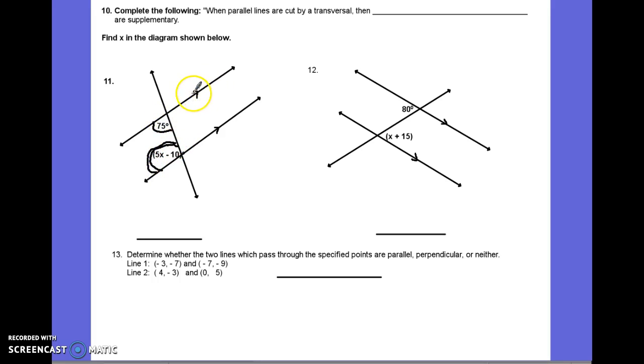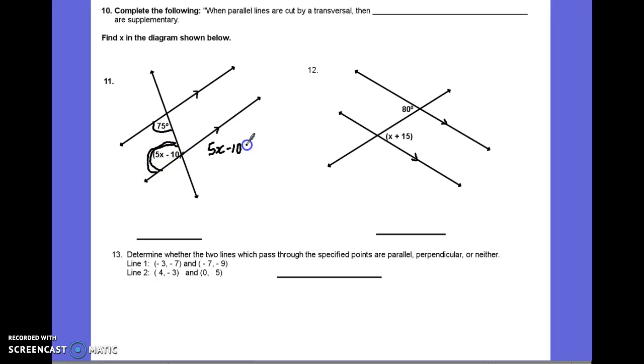We see parallel lines as indicated by the arrows, and parallel lines are cut by a transversal, and therefore these two angles are classified as same side interior angles. Remember that same side interior angles are what? Supplementary.